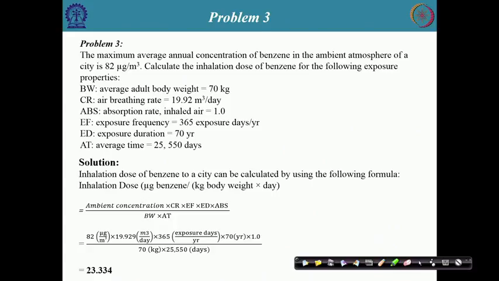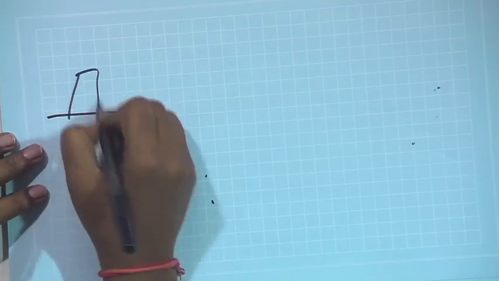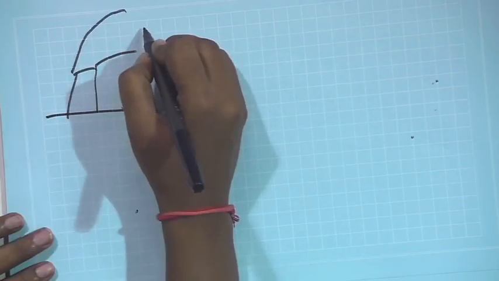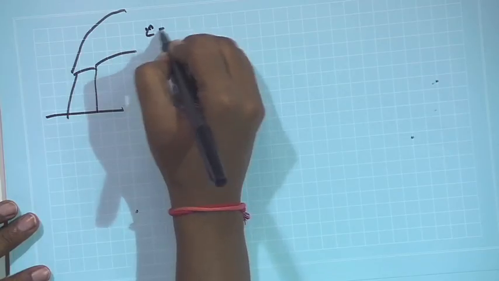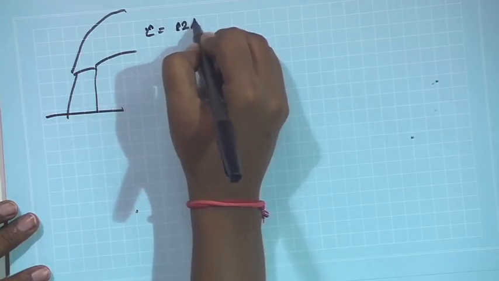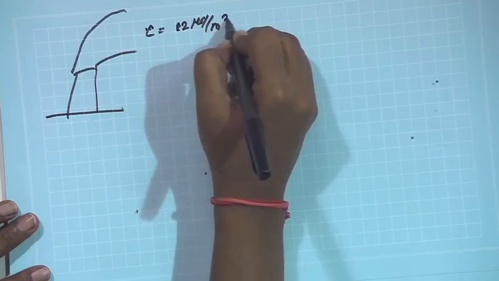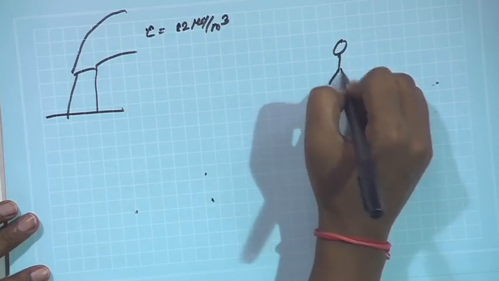So, suppose this is the emission rate and the ambient concentration of benzene, C, is 82 microgram per meter cube. Suppose this is a human being.